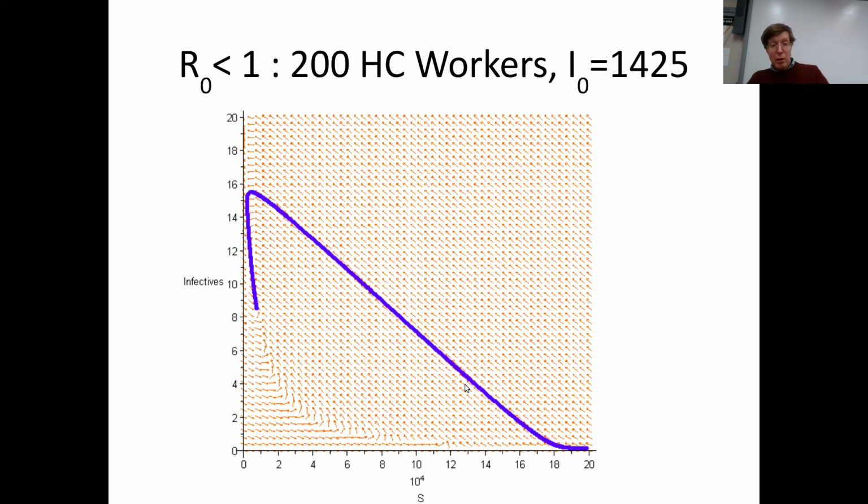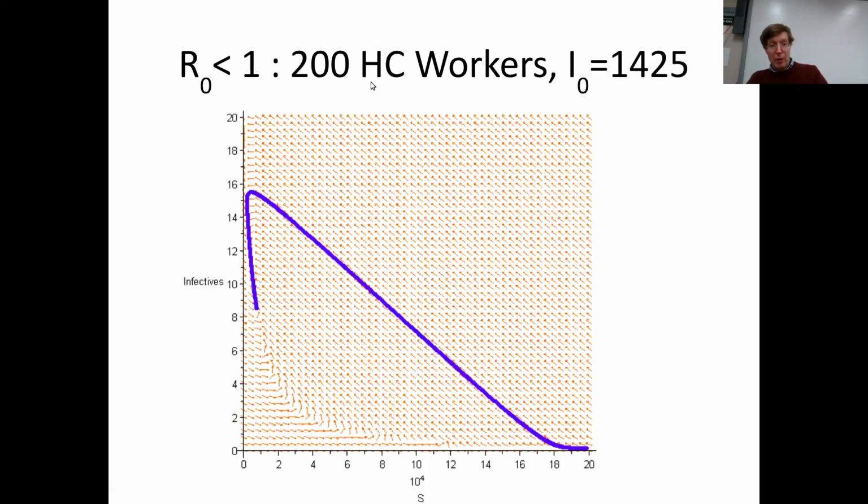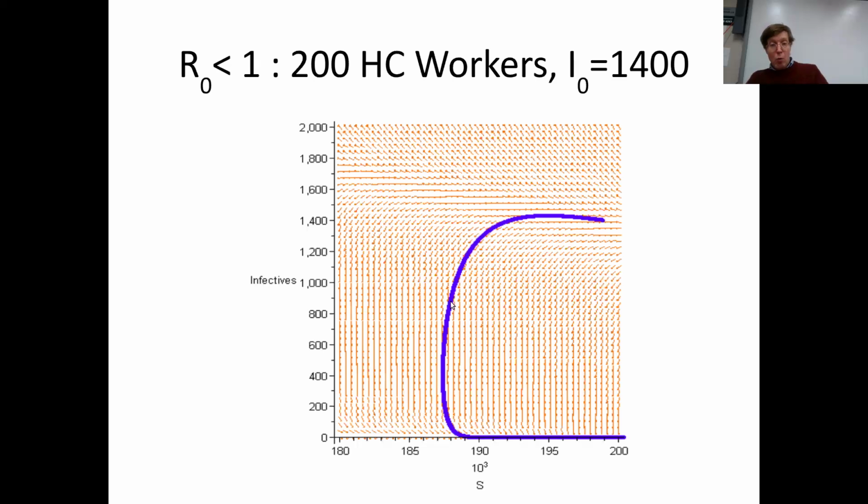So, for example, we may start out here and we're drawn up and we end up in this equilibrium. If we start with 200 healthcare workers and a certain number of infectives initially, we end up here. But with just a little bit smaller number of initial infectives and the same number of healthcare workers, we end up in a very different area of the state space.